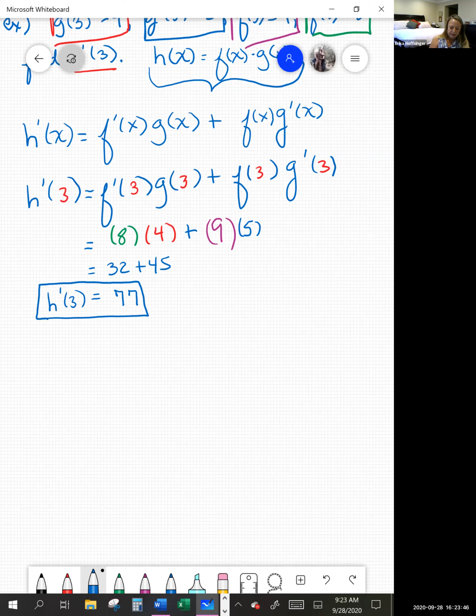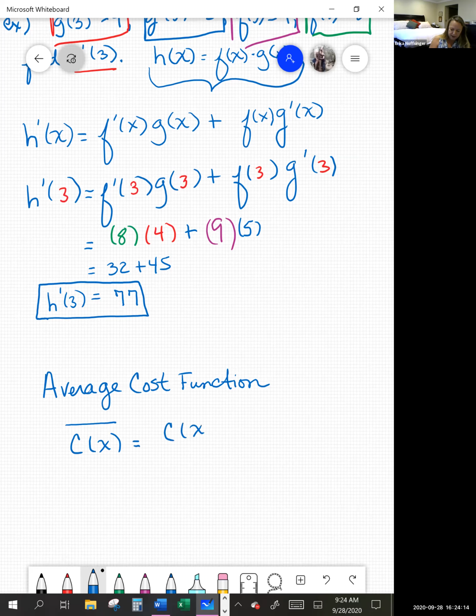So if you ever see something that says average cost function, how we denote it is with a bar over that cost function, C of X. And how we find this is we take our cost function, C of X, and we divide it by X. So same sort of idea, average revenue function.